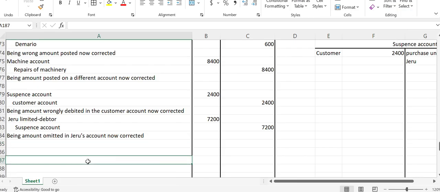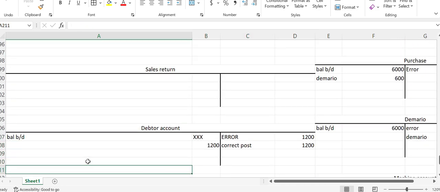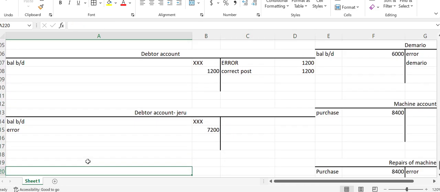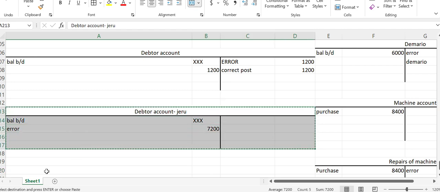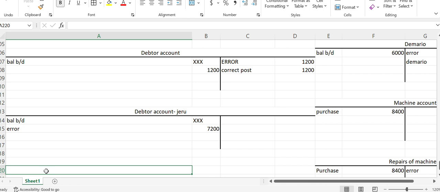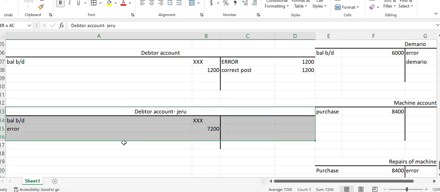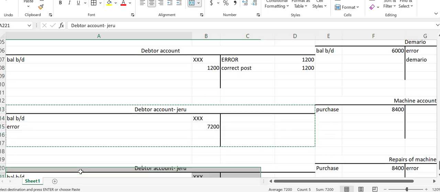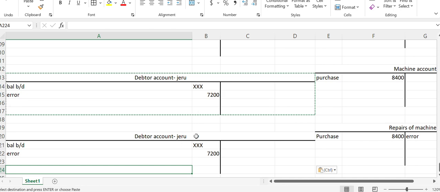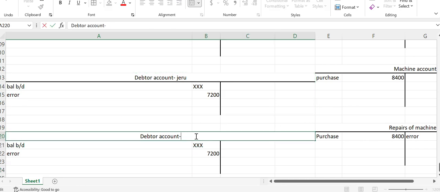So suppose we use this example. Suppose we have this data, and we don't know the name of the data. We have a data here, with a balance brought down.